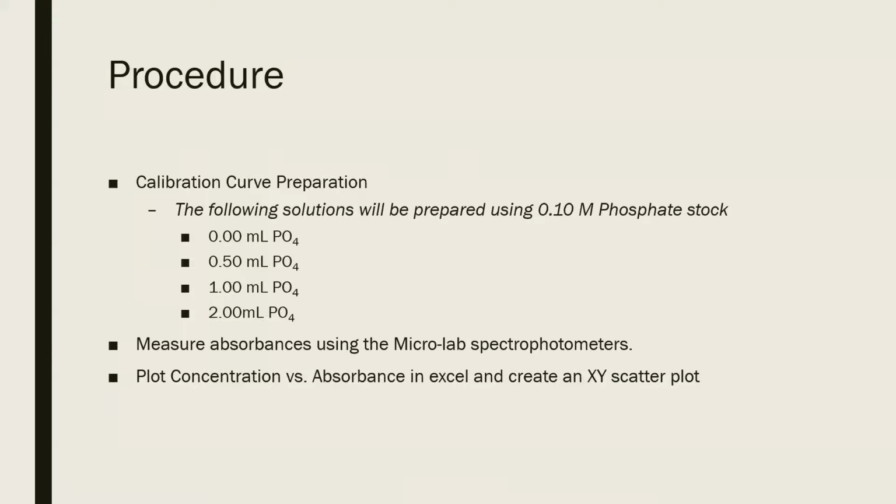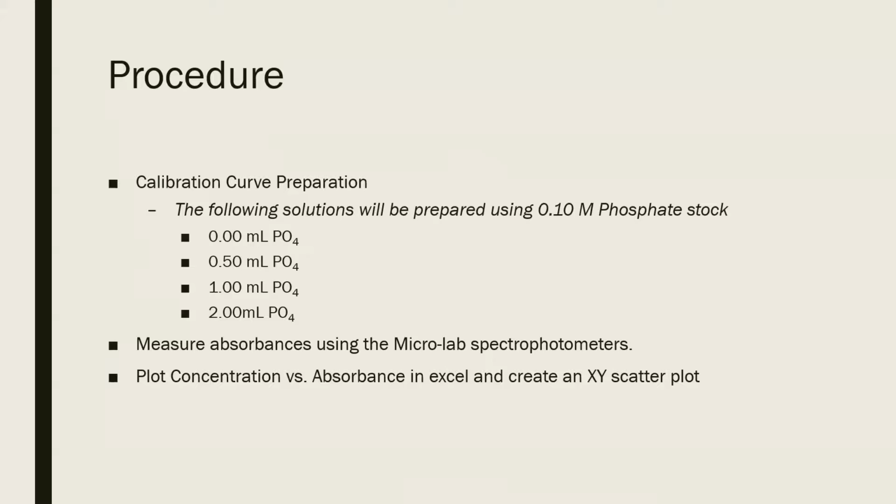You'll measure out 0 mLs, 0.5 mLs, 1 mL, and then 2 mLs of this phosphate stock. You'll add some color reagent, and then you'll dilute it using deionized water to the 100 mL mark of your volumetric flasks. Once you have these standards prepared, you can measure the absorbances of these standard solutions using the microlab spectrophotometer in your lab bench.